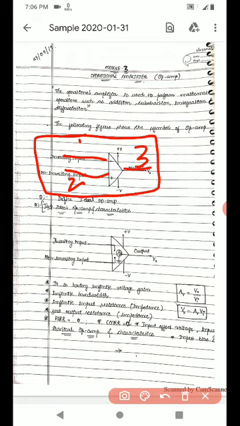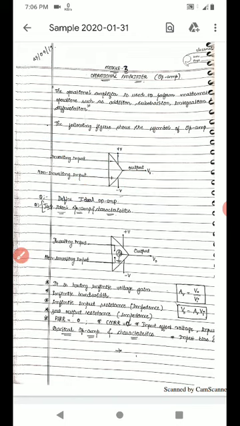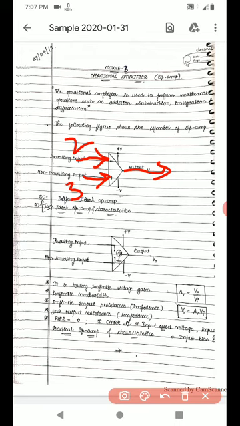Total three terminals will be there, two inputs and one output, and these are the offset voltages, plus V and minus V. As I said, it has two input terminals. One is connected to the negative terminal, that is called the inverting input, and another is connected to the positive terminal, that is called the non-inverting input. Output will be given at pin number 6. It will have pin number 2, pin number 3, pin number 6.